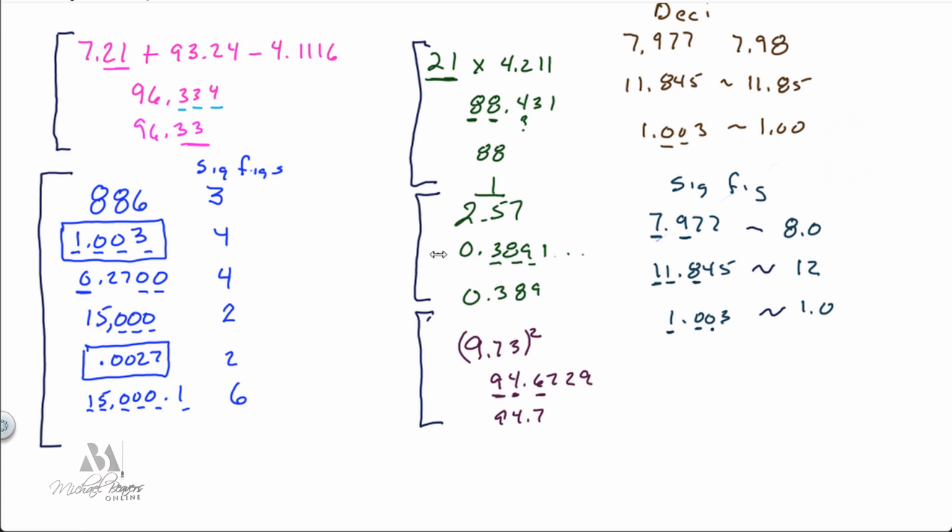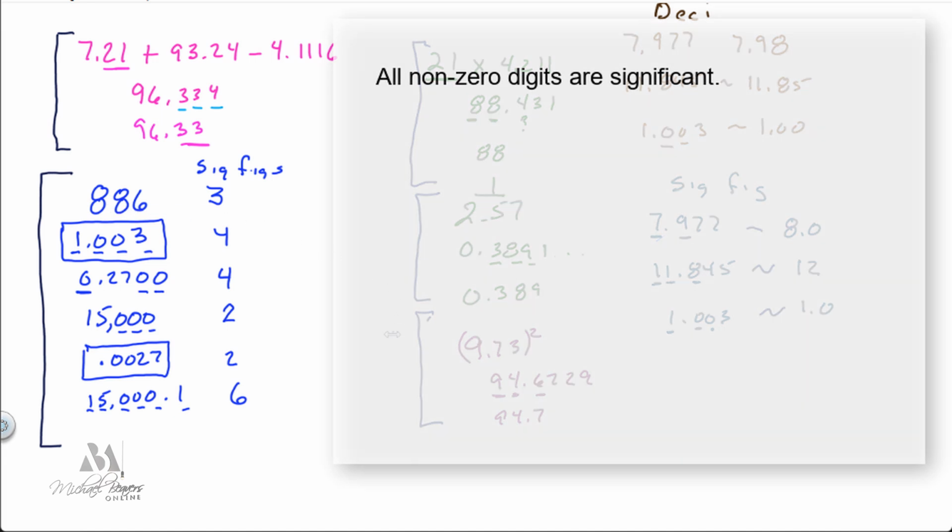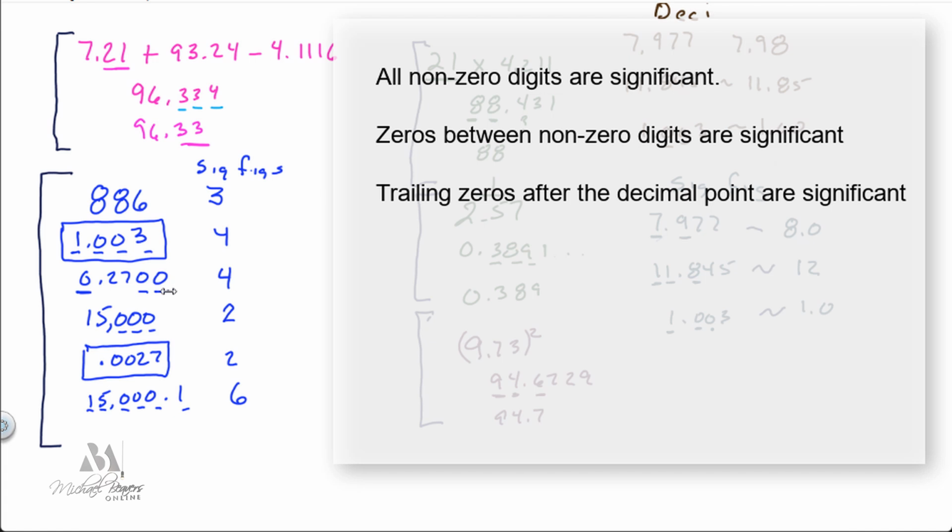The rules for significant figures are any non-zero digit is a significant figure. Any zeros in between non-zero numbers are significant figures. Any trailing zeros on the right hand of the decimal point are going to be significant. Trailing zeros on the left hand side are not significant.